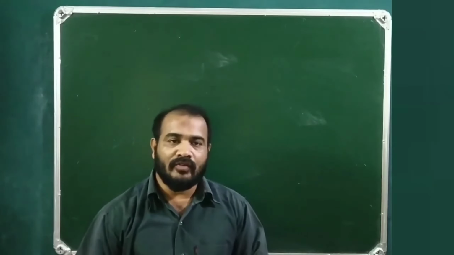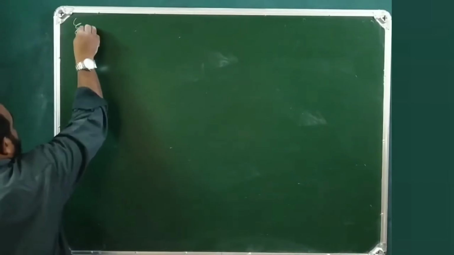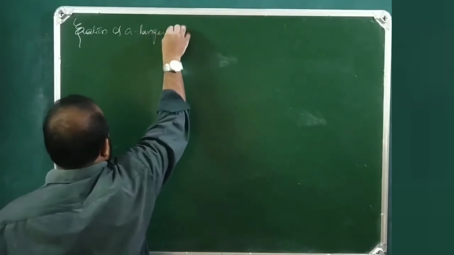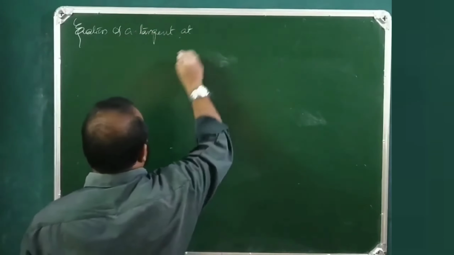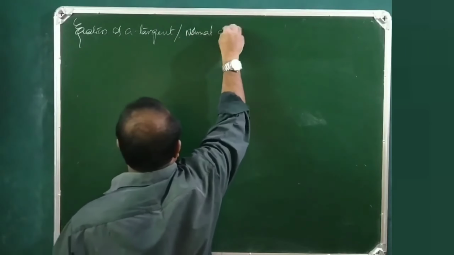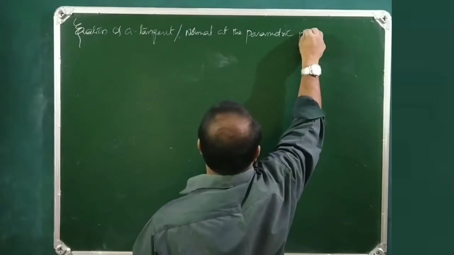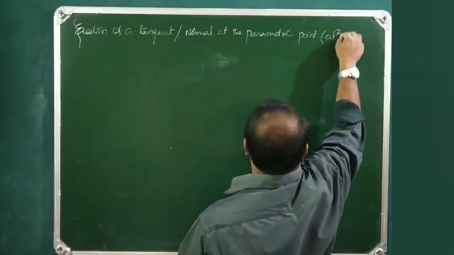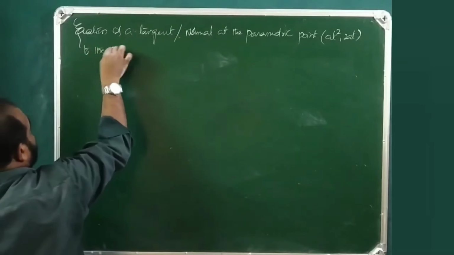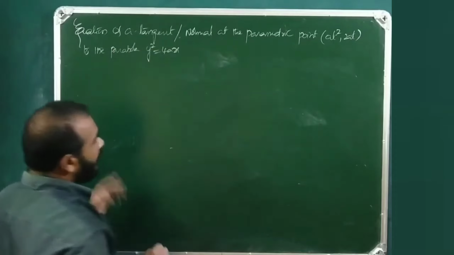What is the parametric point for y² = 4ax? (at², 2at). So the equation of the tangent and normal at the parametric point (at², 2at) to the parabola y² = 4ax. This is our main heading.